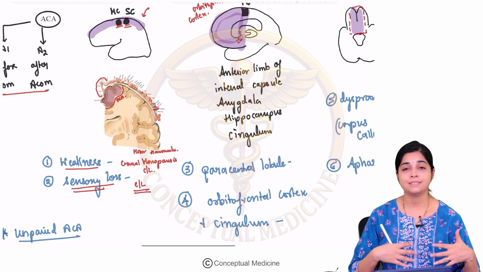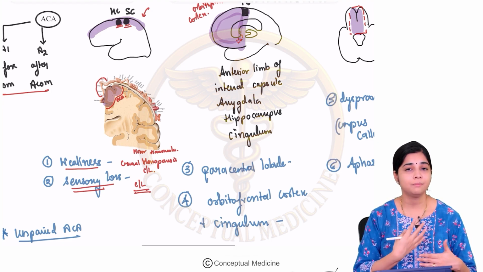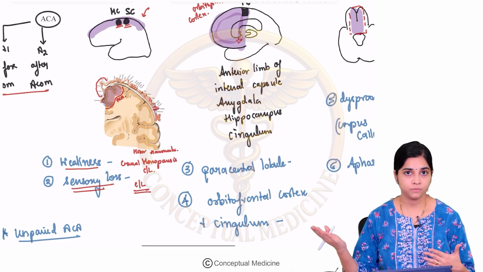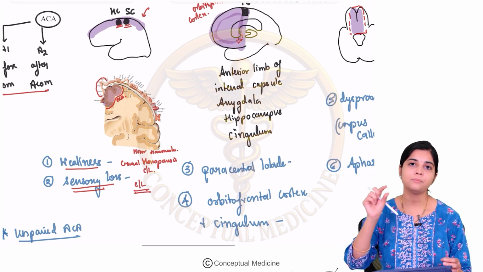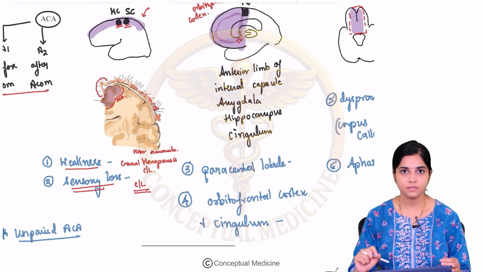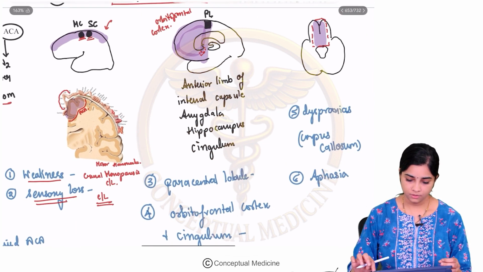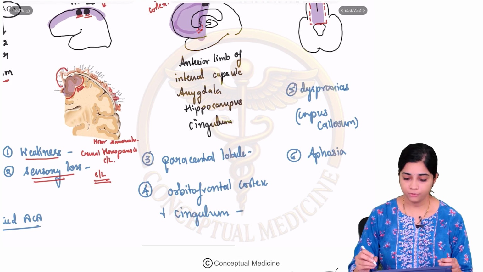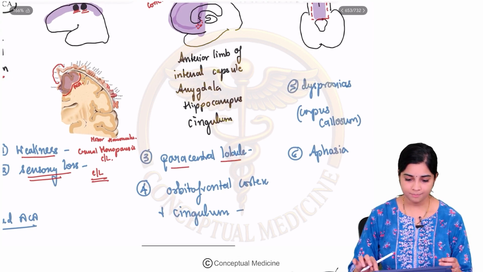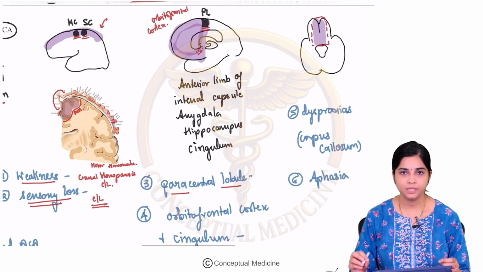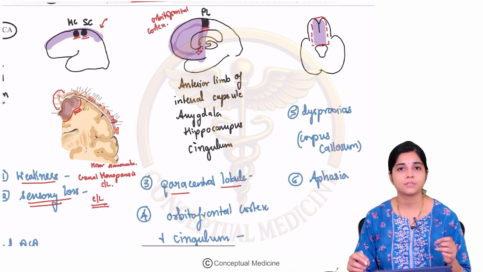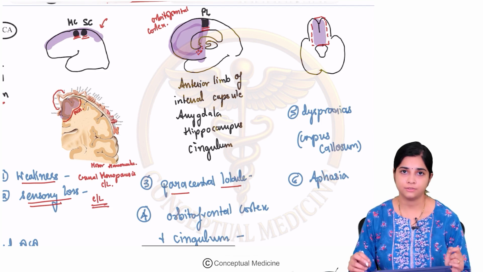You do not get a dense hemiplegia, or a hemiplegia as such. When we discuss MCA territory, you will know the reason: only a small part of your cortex is involved. Now, third, there can be involvement of the paracentral lobule, which is present in the medial aspect of the brain. The paracentral lobule is responsible for your bladder control.